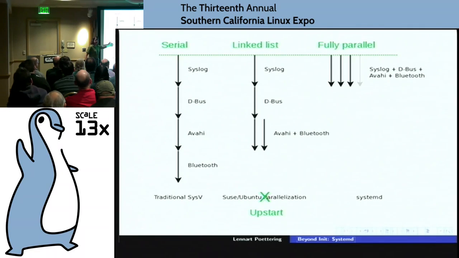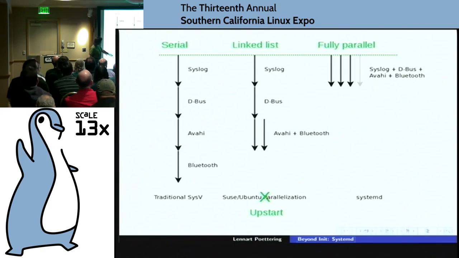So sys5 init was synchronous and serial. You know, you had the services with their numbers, and that's the order they started in. And let's face it, that's kind of the old world of computing. We don't really do almost anything that way anymore.